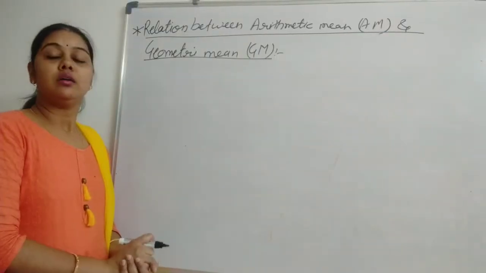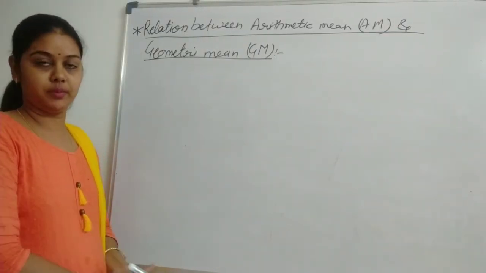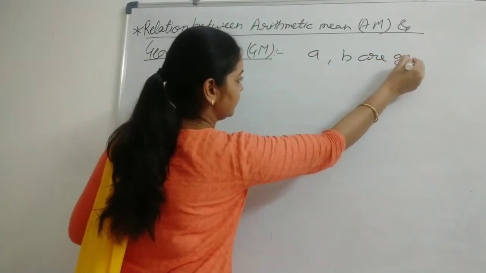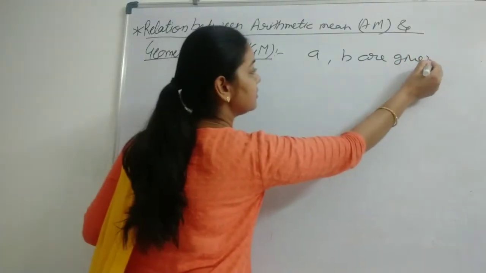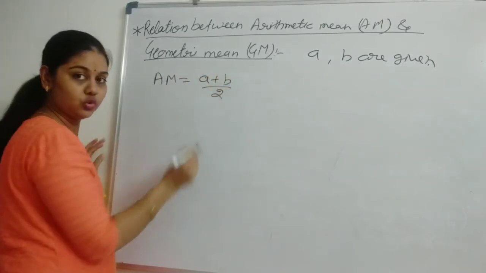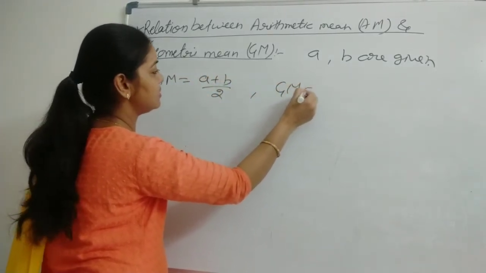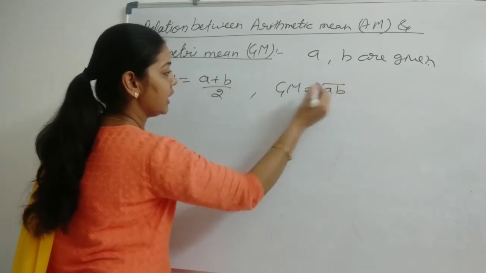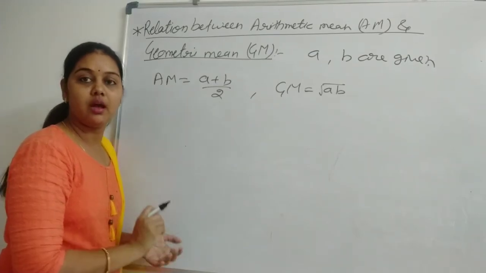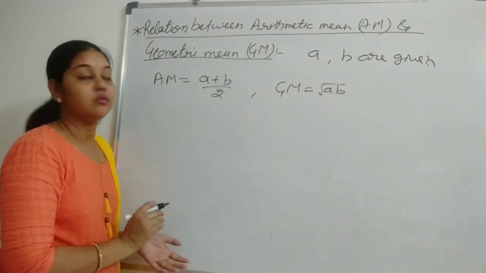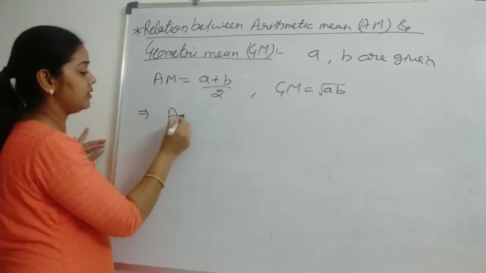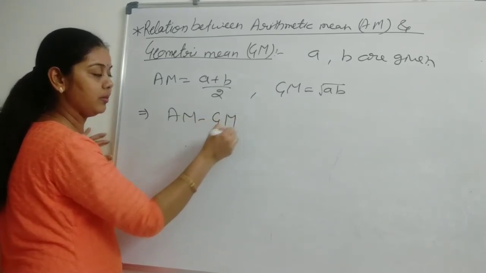Now, relation between arithmetic mean and geometric mean. If two numbers a and b are given, then we know that arithmetic mean is (a plus b) by 2 and geometric mean is root of ab. We have to find the relation between both of these means. It means I need to find which quantity is larger and which is smaller, for which I am finding arithmetic mean minus geometric mean.